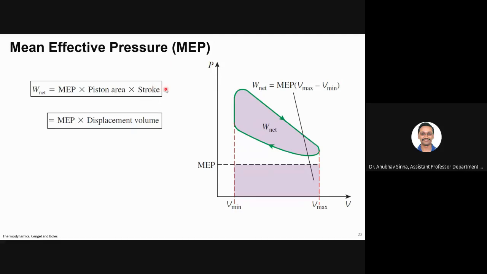We define the volume between V min and V max, and we take an area such that this area is equal to the area of your cycle.